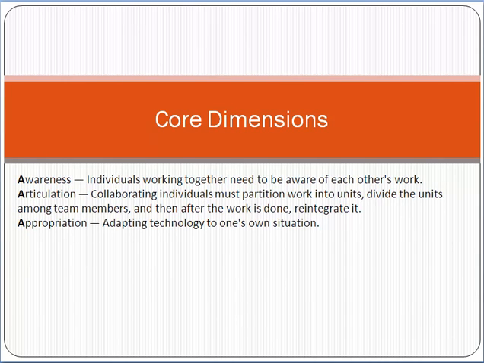Now, the core dimensions of collaboration. Awareness means that individuals working together need to be aware of each other's work. For example, if I am working on the design theme of a mobile app, I can inform you, so you can be aware, because we are sitting in one room, talking with each other, and I'm sharing my thoughts.